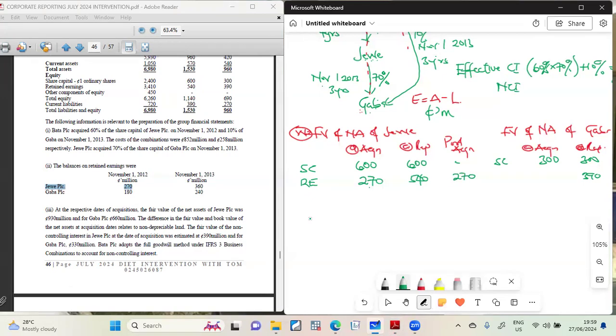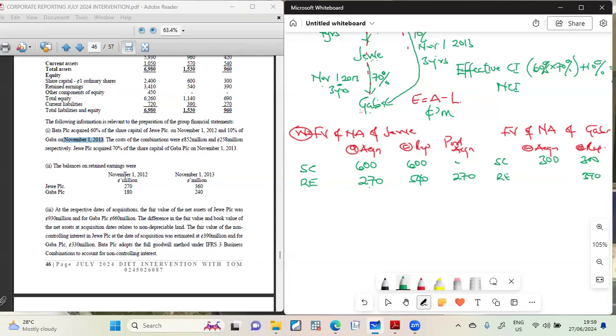The movement is 270 to 540, that's like times 2, so it's 270 also. That is the movement. If you want the retained earnings of GABA, when was it bought? It was bought on this date. Look at the date it was bought. The date this one had control was this date, 2013.